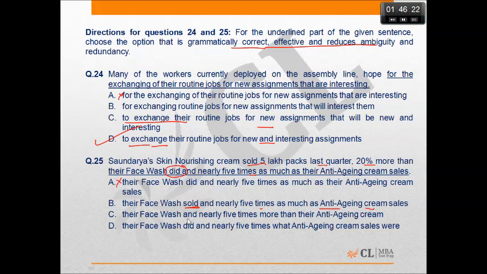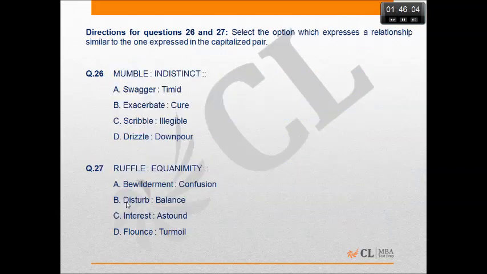This also seems okay. So A and D are wrong. The answer is either B or C. Let me go through them again. 20% more than their face wash sold, 20% more than their face wash and nearly 5 times more than their. I will go with C. No, not 100% sure. I think that should be the answer.